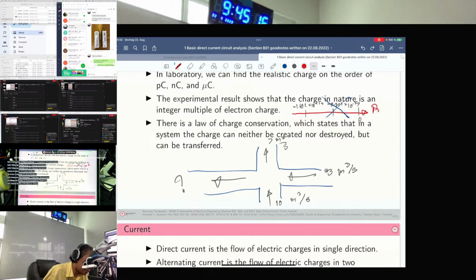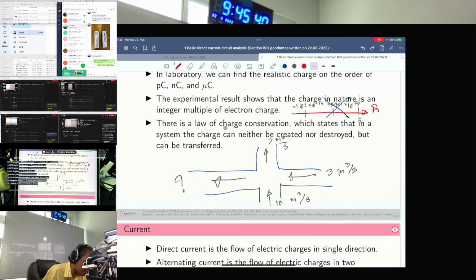We can say this is 3 micro coulomb per second, and here is 10 micro coulomb per second, and here is 7 micro coulomb per second. You can find that on this side there will be charge flowing out by the amount of 6 coulomb per second.